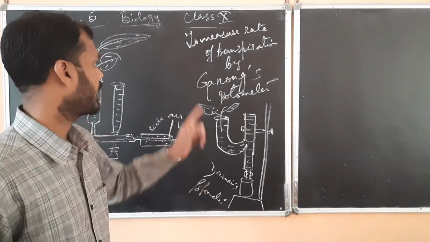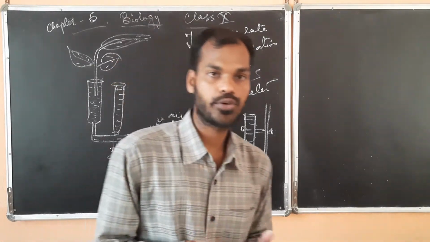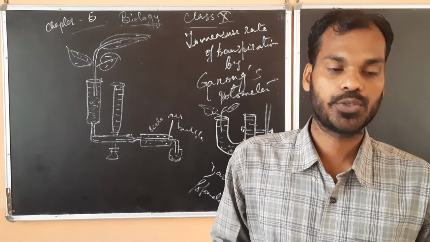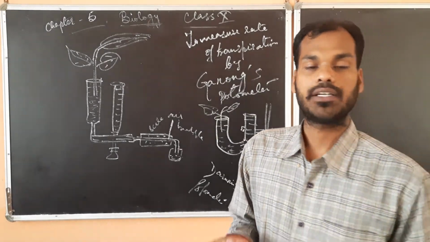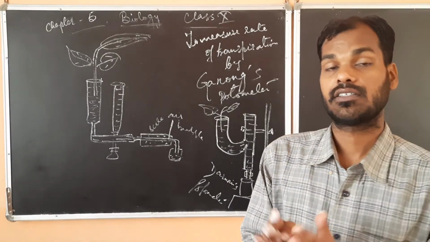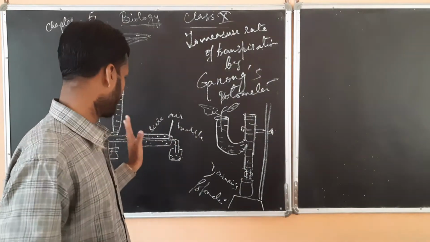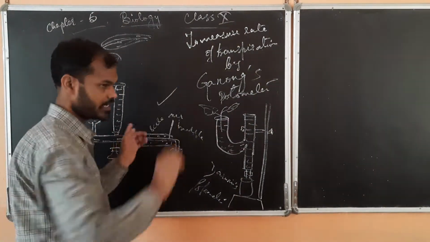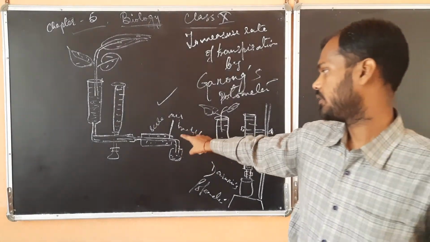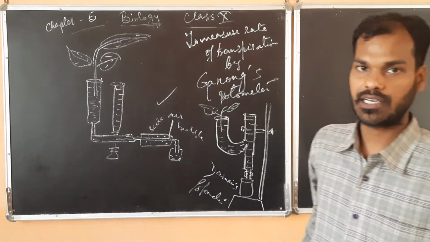Without the assumption, you cannot go with the photometer experiment. The assumption is that the water transpired is roughly equal to the amount of water absorbed. Now see what is happening when you put this air bubble, and after some time when the transpiration is occurring.